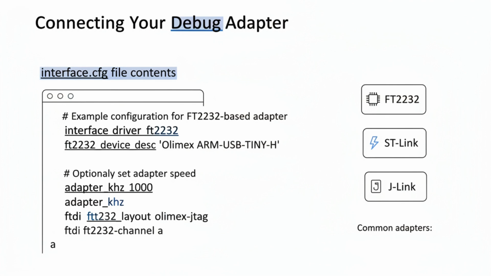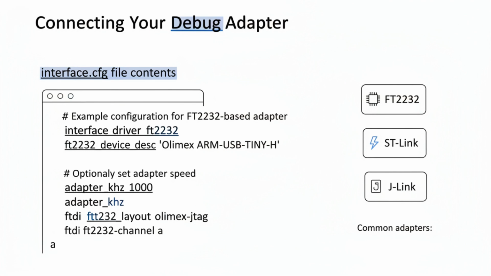The first critical step in configuring OpenOCD is to tell it which debug adapter you're using. This is done within the interface.cfg file. You'll specify the adapter driver using the interface driver command. For example, if you're using an FT2232-based adapter like an Olimex ARM-USB-TINY-H, you'd use interface driver ft2232.